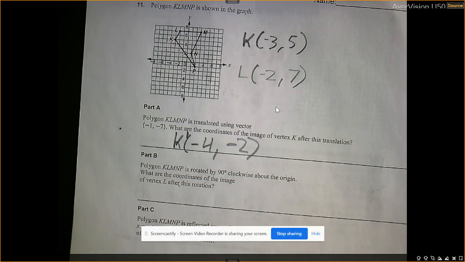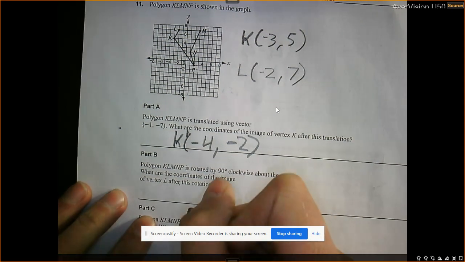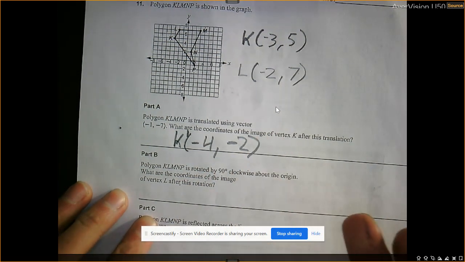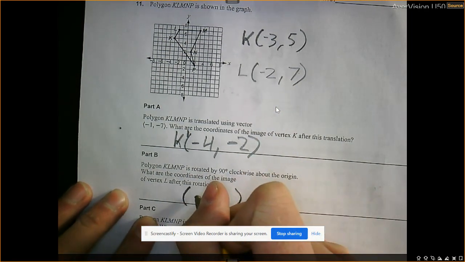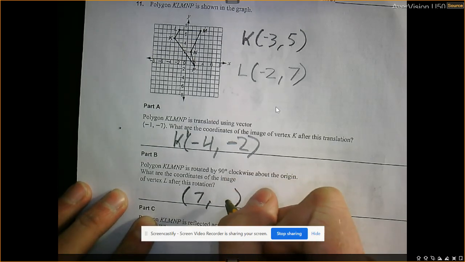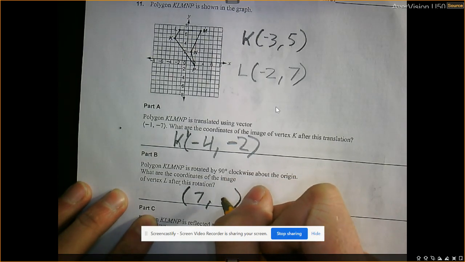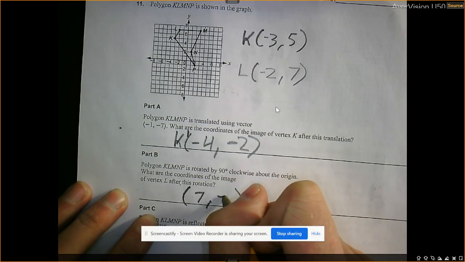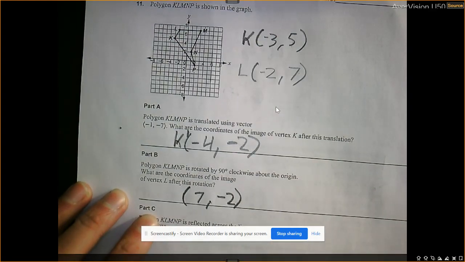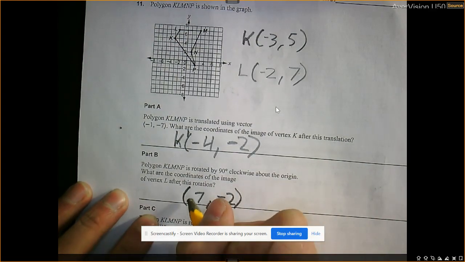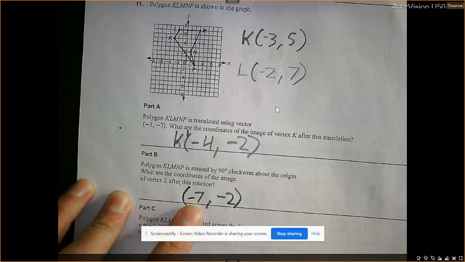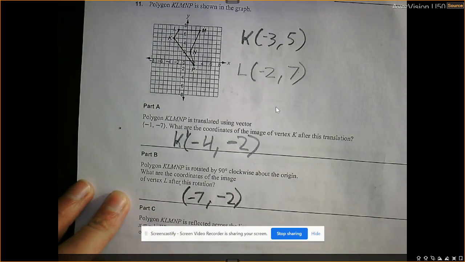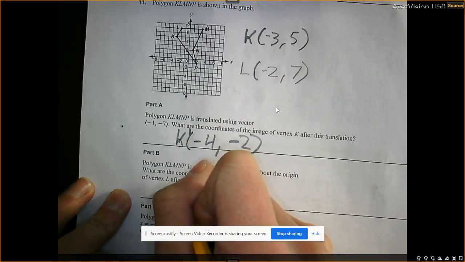And our rule for that is to flip our x and our y. So I'll do that first. Sorry, (-2, 7) now becomes (7, -2). And then it is to change the sign of now our first number. So this was a positive, so it now becomes a negative. This was L prime.